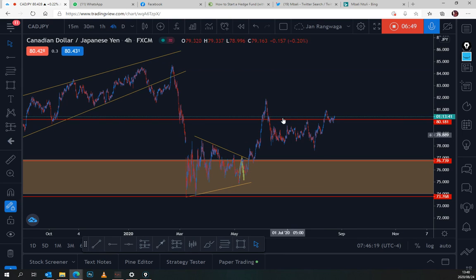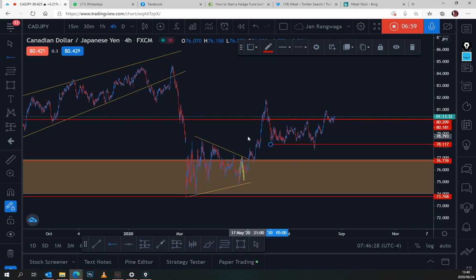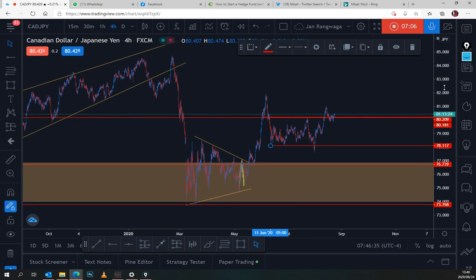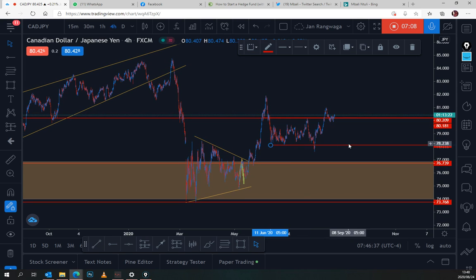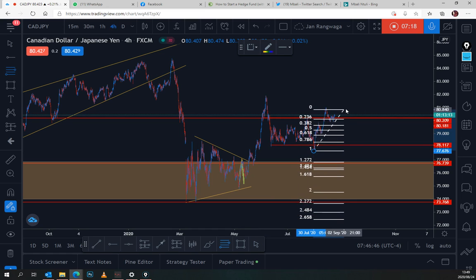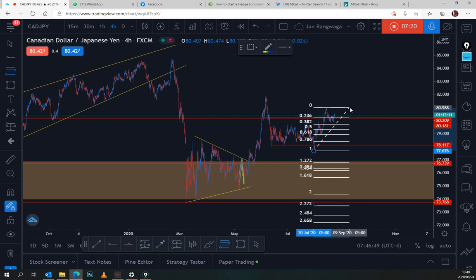Here, very same things. You need to figure out what is happening. We are seeing this range here, and it went up. If one would put a fib here, we are now looking for a high liquidity zone.